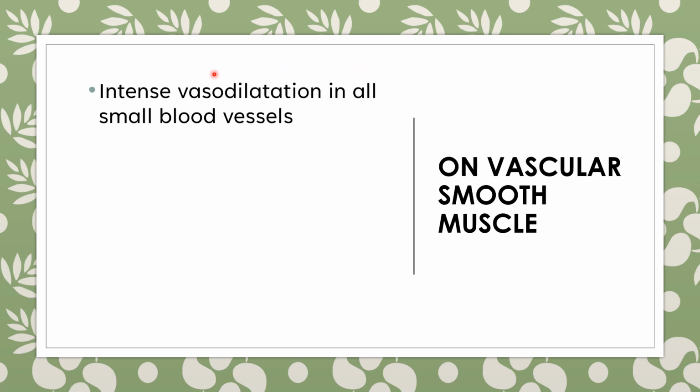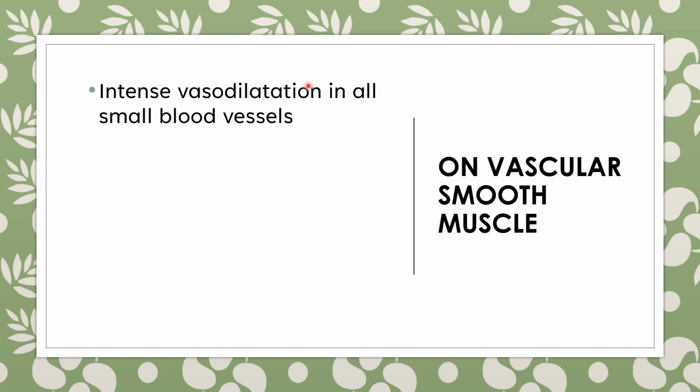For the vascular smooth muscle, histamine induces intense vasodilation in all small blood vessels. The vasodilation is mediated via the H1 and the H2 receptors. And this is manifested particularly in the capillary beds in all small blood vessels, including the arterioles, the capillaries, and the venules.